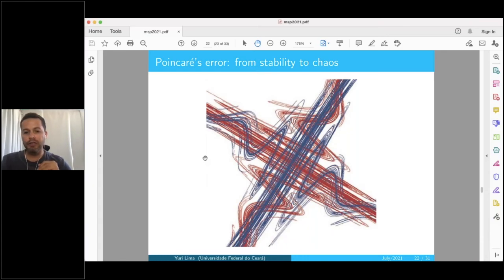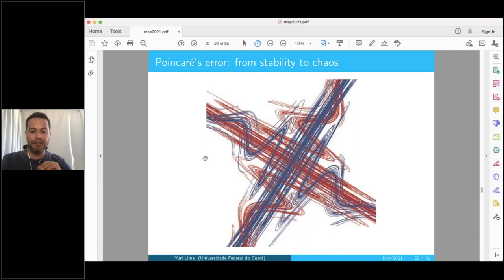You can no longer tell whether the n-body system is stable, whether the solar system is stable, and so on. Actually, up to nowadays, since this was at the end of the 19th century, it is an open question whether the solar system is stable. So actually Poincaré's error was very influential, and a very deep question, because we still don't know whether the solar system is stable or not.